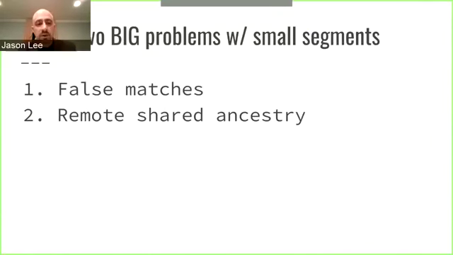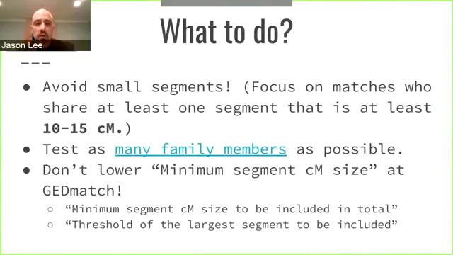So again, we have 2 big problems with small segments, and we probably can't emphasize this enough. We contend with small matches, we contend with false matches, and we contend with remote shared ancestry. So then the question would be, what are we supposed to do about these distant matches? These distant matches often comprise a very large percentage of our match list.